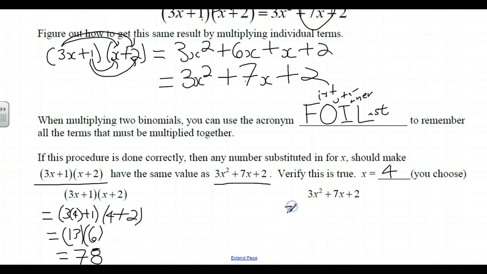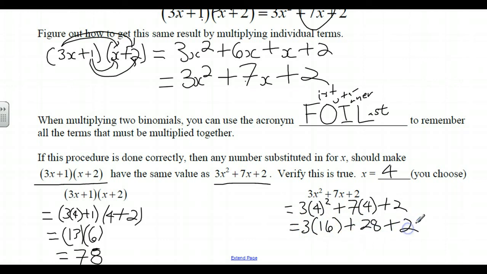Okay, over here, I'm going to put a 4 in. 3 times 4 squared plus 7 times 4 plus 2. 4 squared is 16, so 3 times 16 is 48. 7 times 4 is 28, plus 2.